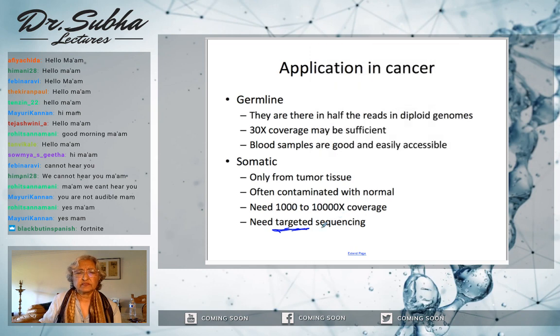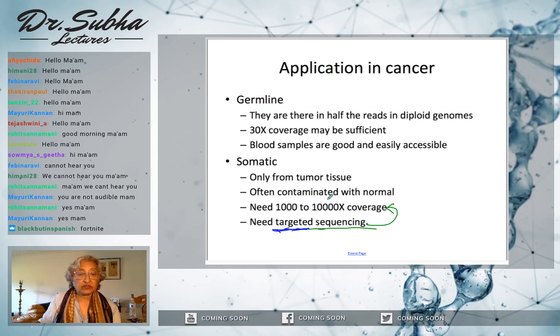Okay, so targeted sequencing, what we're talking about. By doing targeted sequencing, we can get 1,000 or 10,000x coverage really cost effectively, because cancer patients don't have that kind of money. And this is actually a patient service, so you want to give them what they want for the lowest cost possible.